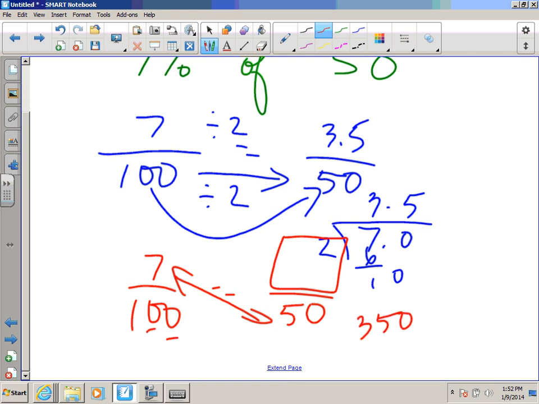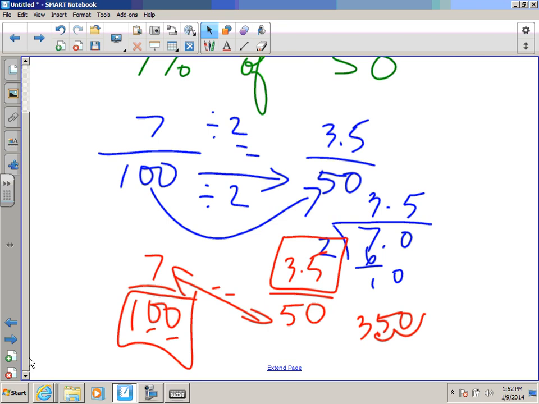Dividing by 100 is a power of 10, which means all I really have to do, because there are 2 zeros in 100, is move my decimal 2 places to the left. So if I am dividing by this 100, the nice thing is that I can easily just decimal if I want. So keeping it the way it is might be beneficial, or I would say it's still probably your best bet to try to look for any kind of relationship.